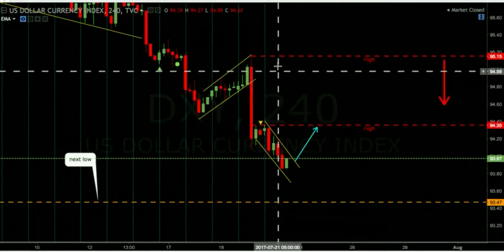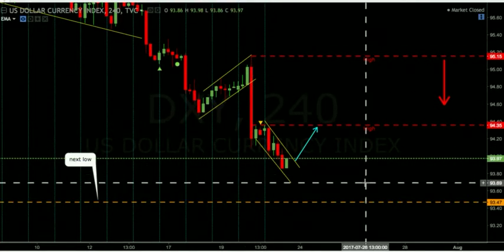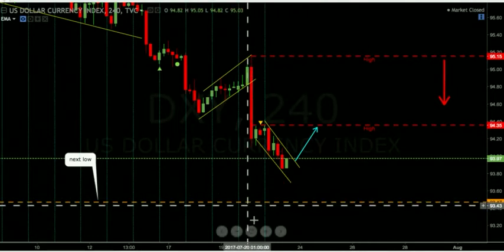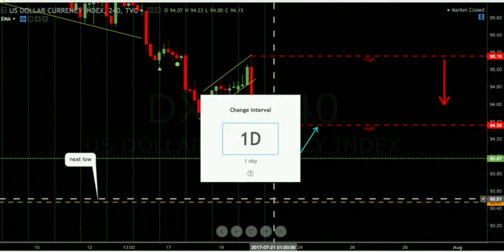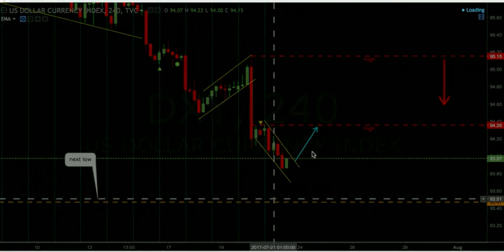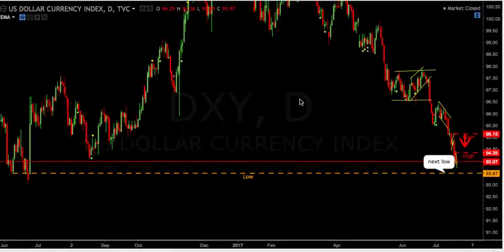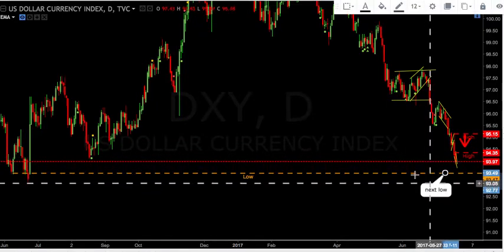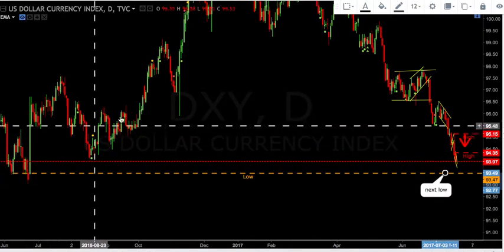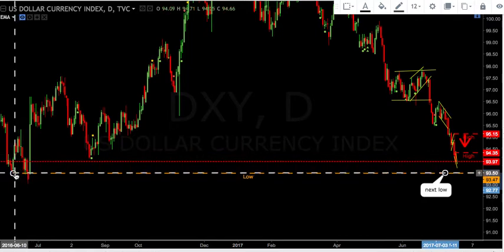Okay, but these highs and lows have to be broken also to change sentiment. So this next current low that I'm looking at for the dollar index, that low that I'm talking about, the next low, is based off the daily chart and a daily candle.